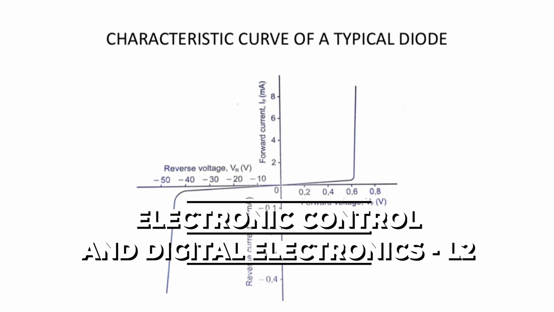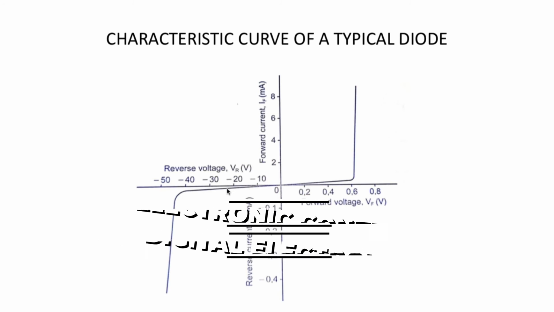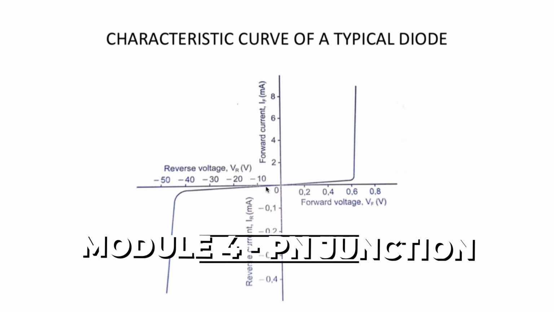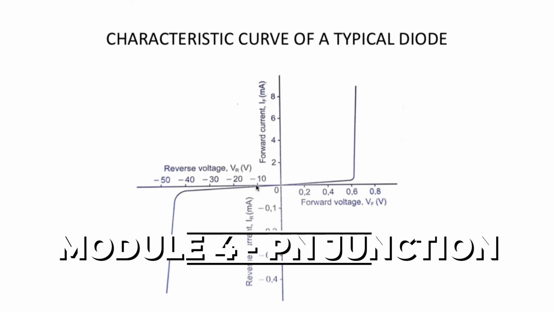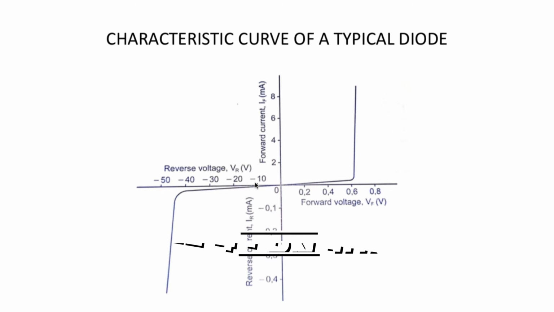If you take a look again at our slides, on the negative reverse voltage, there is minus 10 volts, minus 20, and so on. The reverse current starts to pick up at minus 40. At minus 40, the applied voltage is known to be the breakdown voltage.